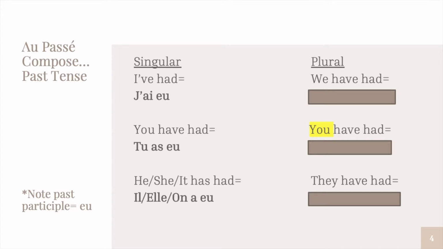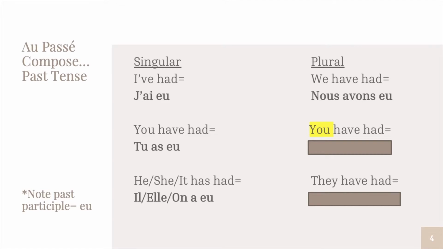So going back to the apple example, il a eu une pomme, elle a eu une pomme, or on a eu une pomme. If you want to say we have had, you would say nous avons eu. So if you wanted to say we have had an apple, you would say nous avons eu une pomme.